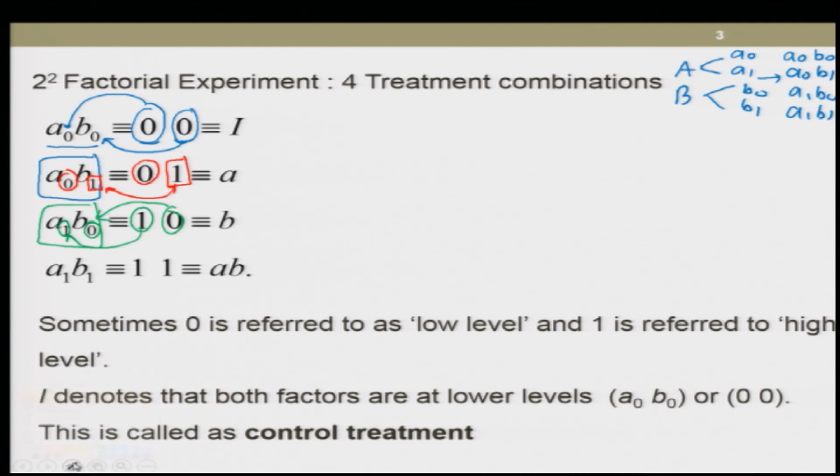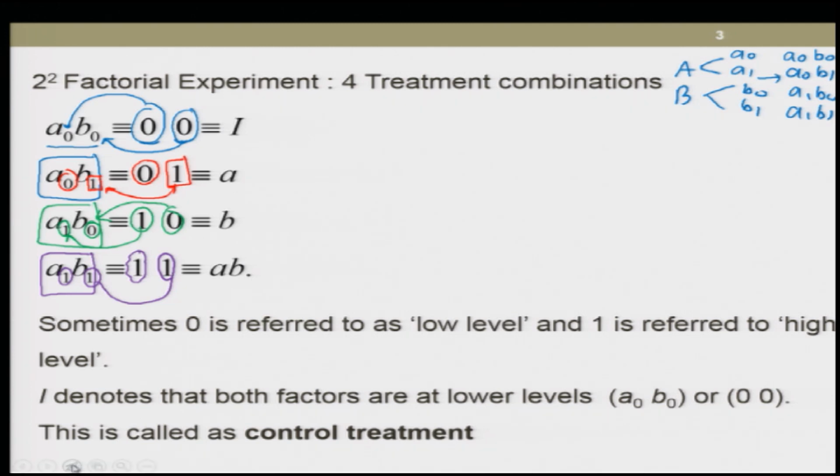And similarly, for the treatment combination A1 B1, this 1 is the same as here this 1, and this 1 here is the same as here this 1. So, this is another approach to express the treatment combination using the levels 0 and 1.